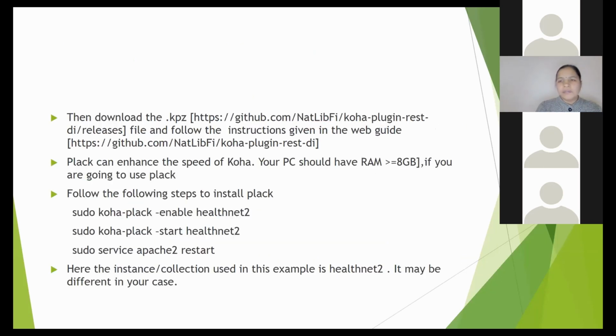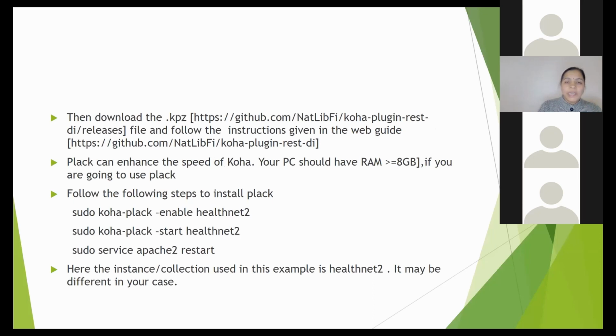After enabling the OAI-PMH and REST API options, we can download the KPZ file from the URL mentioned here, and we should install the plugin for enhancing the speed of Koha.